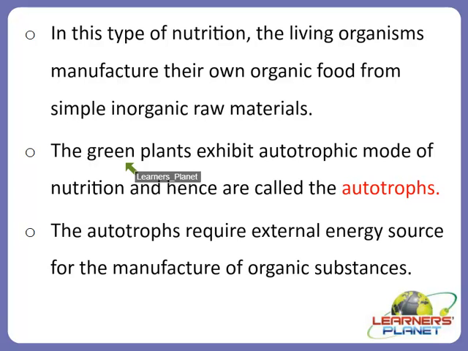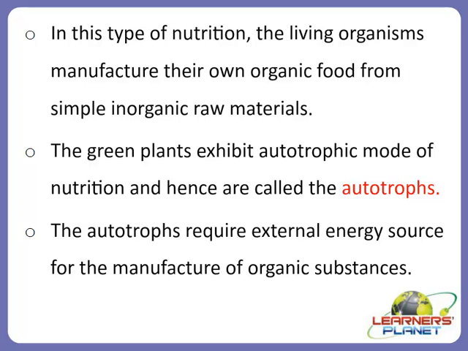So the green plants exhibit autotrophic mode of nutrition, and hence the green plants are called autotrophs. They utilize carbon dioxide as the sole source of carbon for the formation of food by the process of photosynthesis. The autotrophs require an external energy source for the manufacture of organic substances.